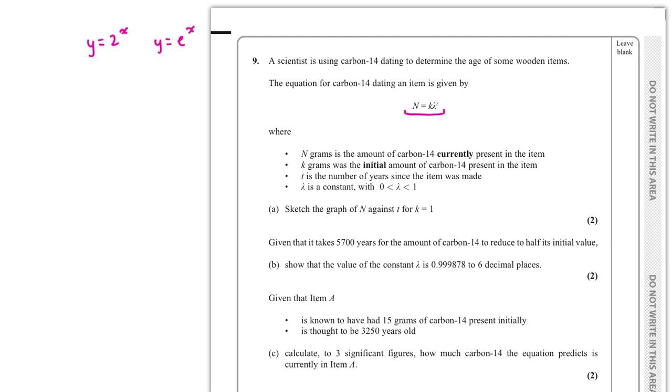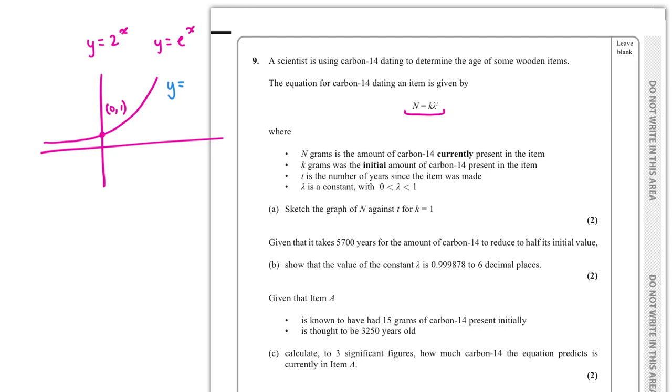How do they look? They normally look like this, don't they? And where do they cross? At 1. Okay, why? So this isn't the answer, though, because what do we know about our number here?